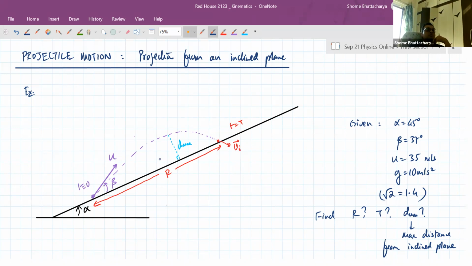Like we do in the case of application of Newton's laws for an object. When we draw the free body diagram for an object on an inclined plane, we tend to take our axes, instead of horizontal and vertical, along the inclined plane and normal, or perpendicular, to the inclined plane.